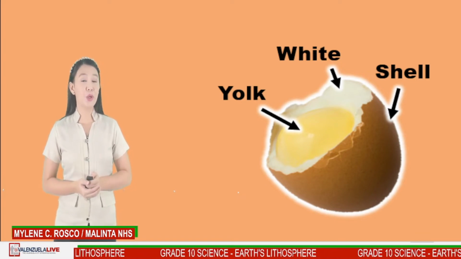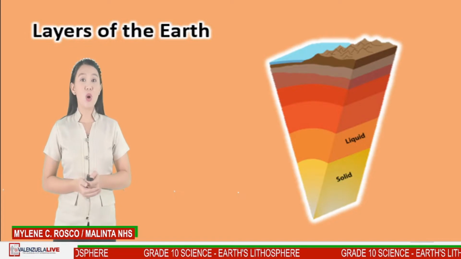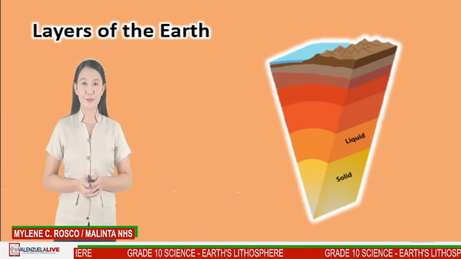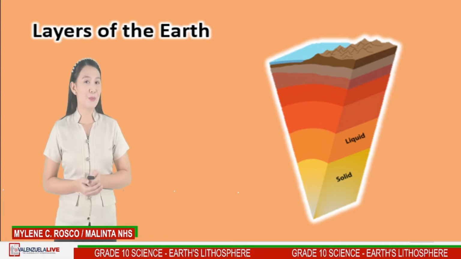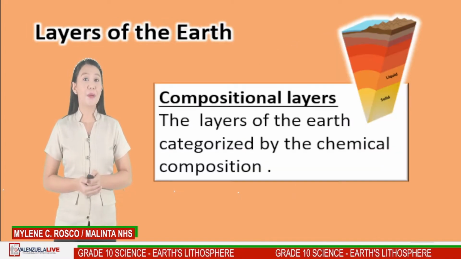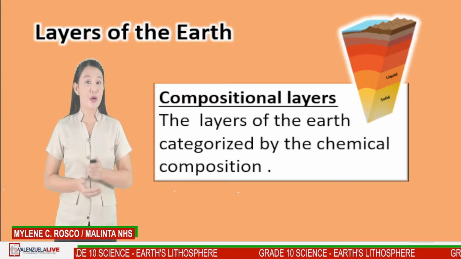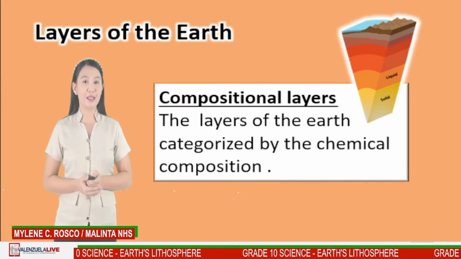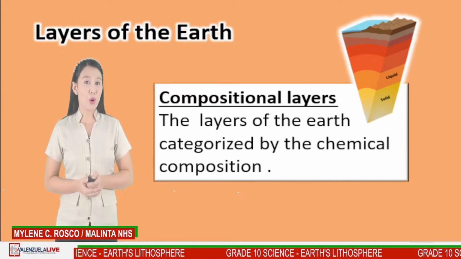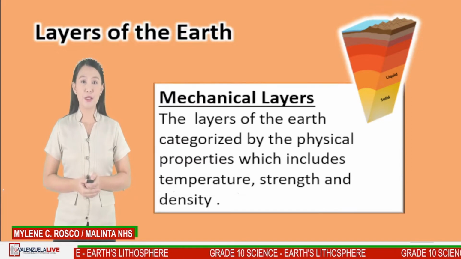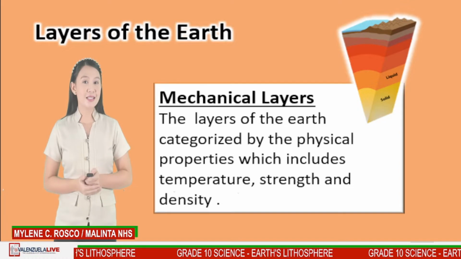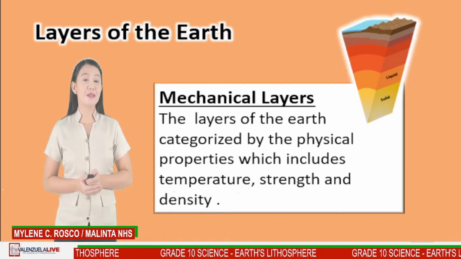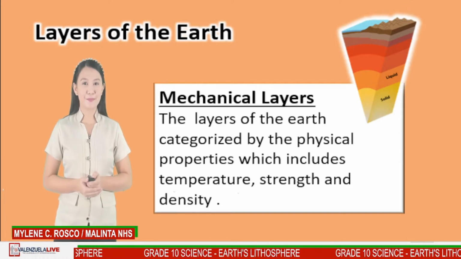Similar with hard-boiled egg, the Earth also has different layers. The layers of the Earth can be categorized into two manners, either by the chemical compositions, these are the compositional layers of the Earth, or by the physical properties, which include temperature, strength, density, and we call them the mechanical layers.